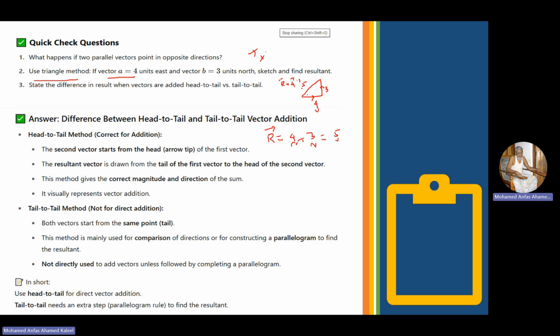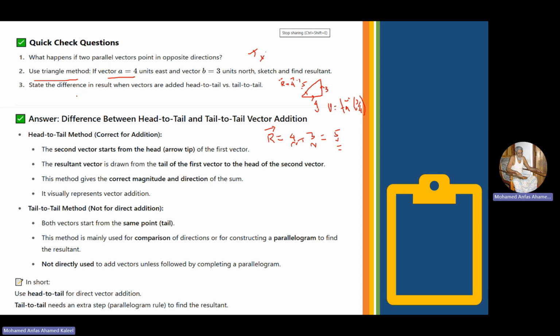The direction is tan theta equal to 3 over 4, so theta is tan inverse 3 over 4 with the horizontal, or with the east. That is the resultant vector.